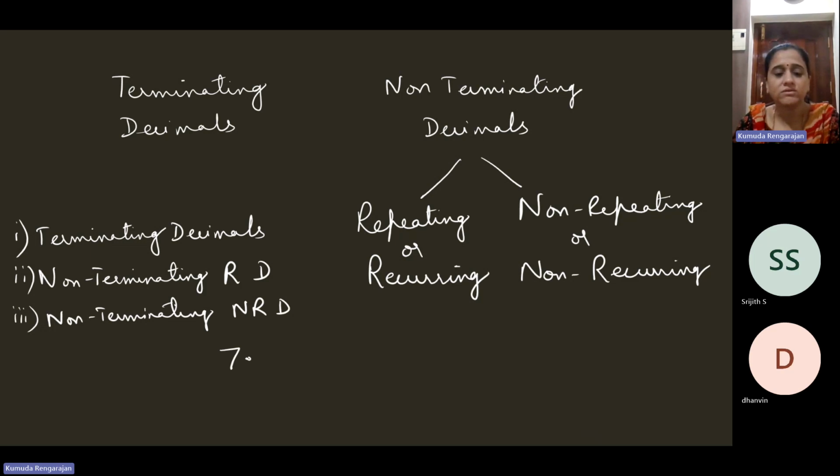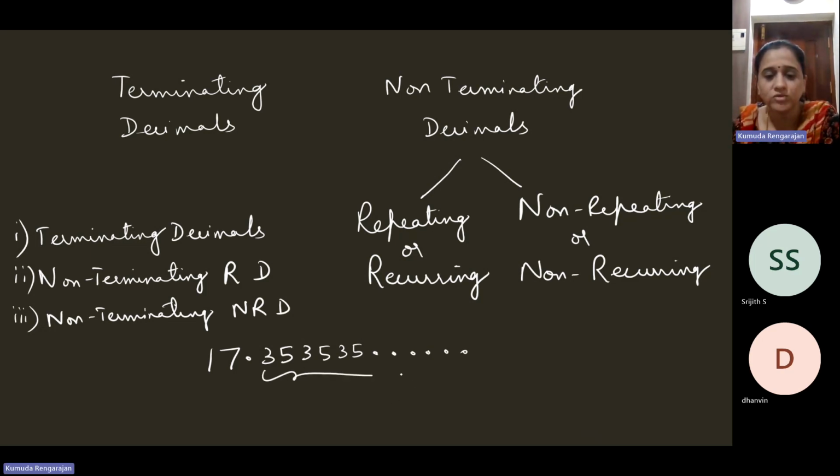So 17.353535 goes on like this. Look at the decimal part. What do you see in the decimal part? The 2 digits 35, they go on forever. 35, 35, 35 and dots. That means the pattern continues. 35, 35, 35, 35.